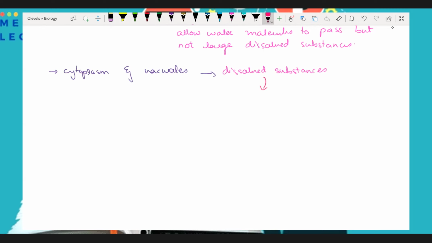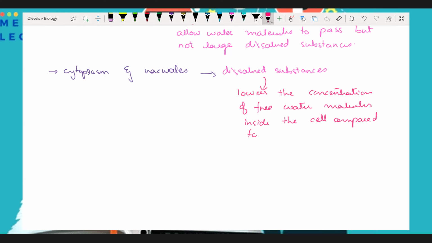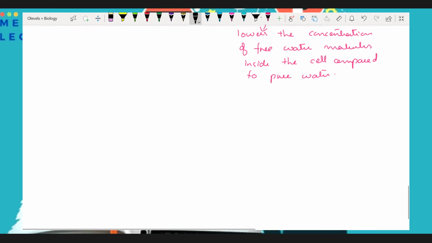And due to those dissolved substances, they lower the concentration of free water molecules inside the cell compared to pure water. Let's see that in the example of an animal cell.